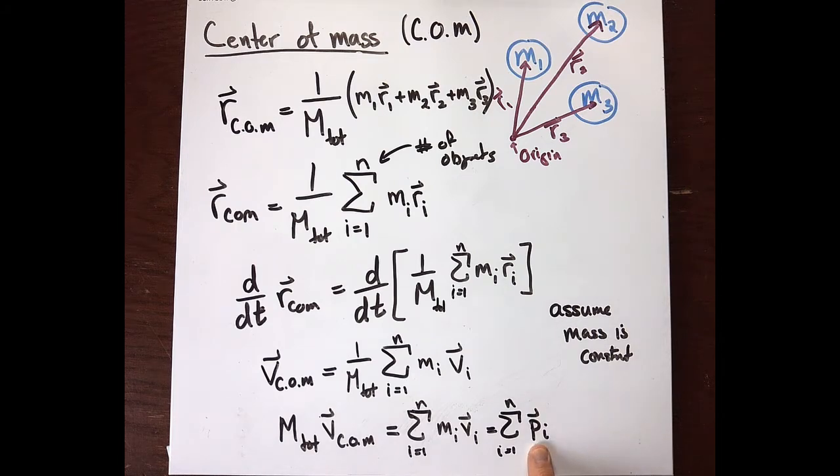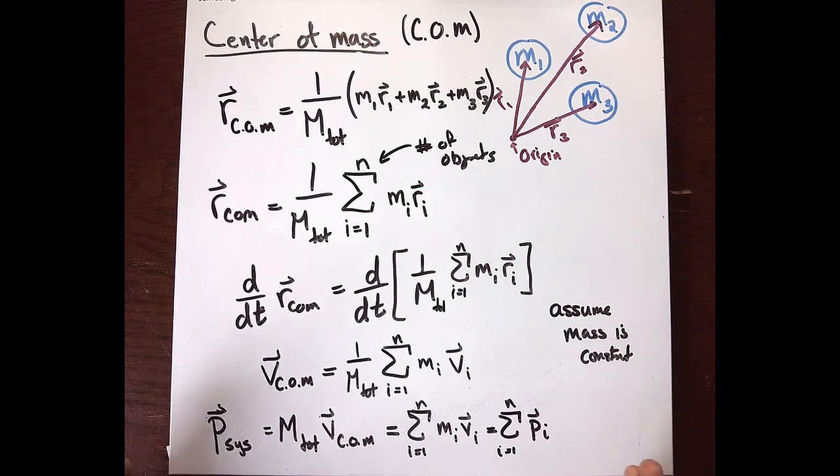So we look at each individual momentum of each individual object and we say that is equal to the momentum of the system, which apparently is just the total mass times the velocity of the center of mass, the velocity of where we're thinking of the system, if it's just a single object, where it would be. And so that's one reason why we like the center of mass.